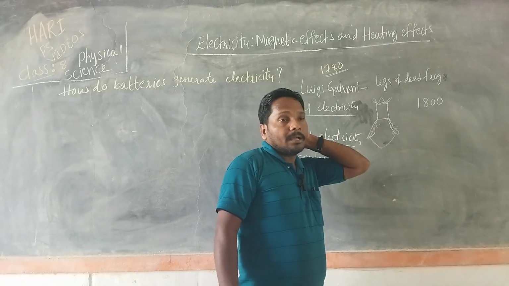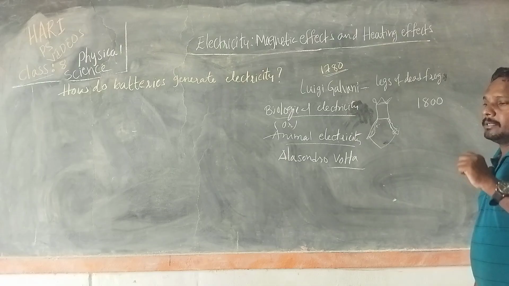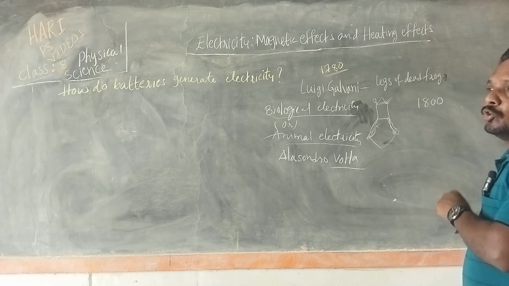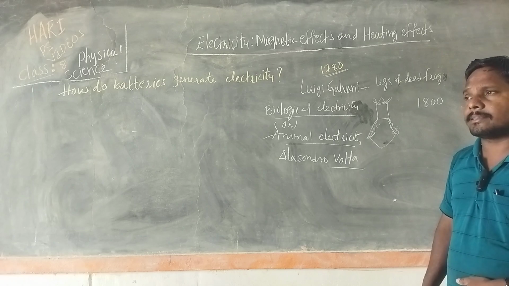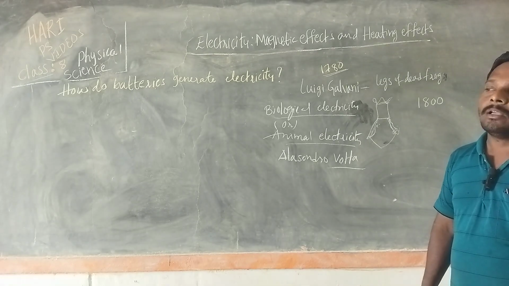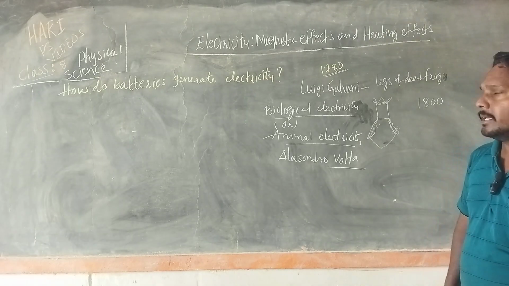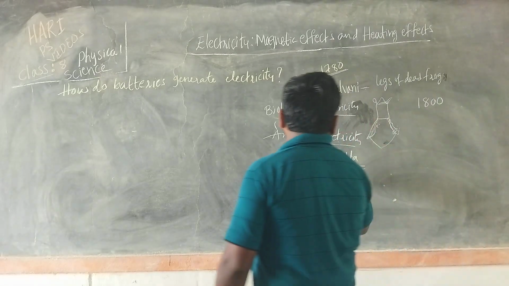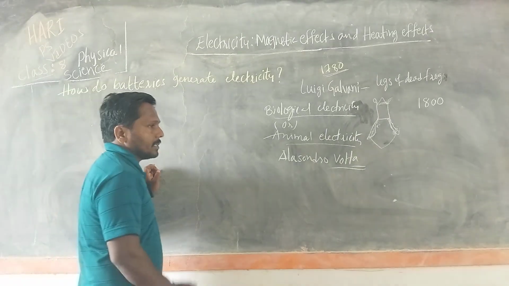Instead of the legs of a dead frog, he took some other chemicals, solutions and acids, and metallic wires, and he generated electricity. So Alexander Volta invented the first cell.